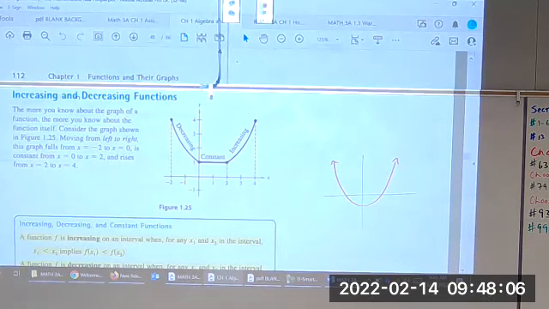You have to establish we only look at the graph to determine increasing, decreasing. Read the graph from left to right. What is the graph doing as you go from left to right?